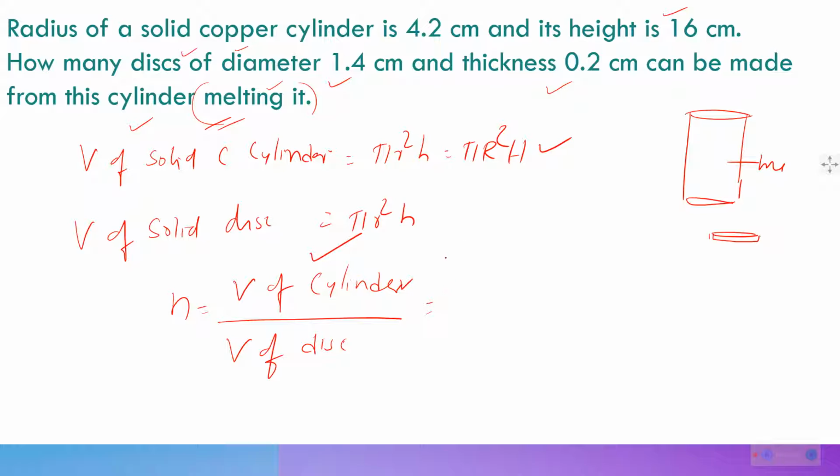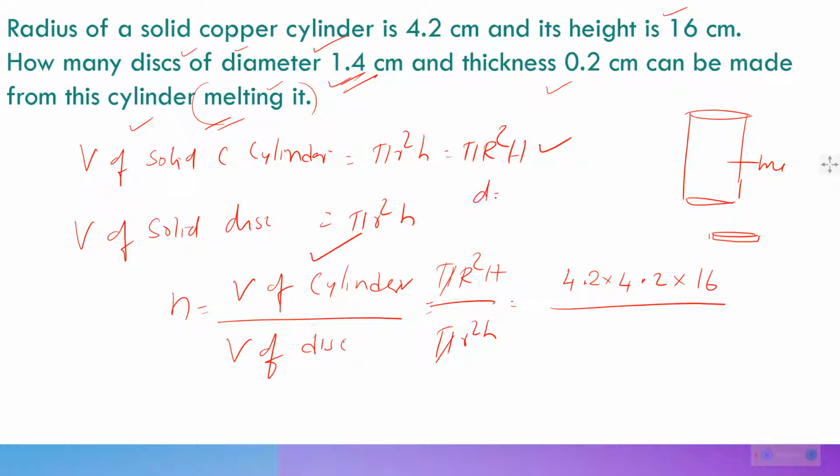So pi r square h upon pi r square h, pi will get cancelled, h and r will be different. In the case of r, 4.2 centimeter, everything is in centimeter, luckily, 4.2 into 4.2, that is r square, h is equal to 16, upon the small disc, whose diameter is given as 1.4 centimeter.